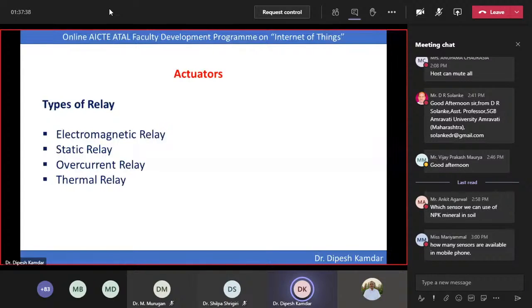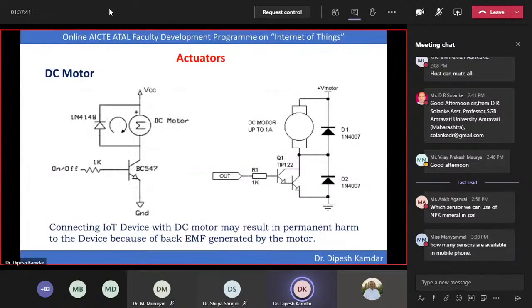Then the DC motor. A DC motor has a simple phenomenon: if you give the supply, it will rotate. Rotation can be converted into linear motion by connecting some specific hardware. But when we need to connect it with our controlling device, a little bit of interfacing needs to be done. This is the basic interfacing where you just need to rotate in one direction.